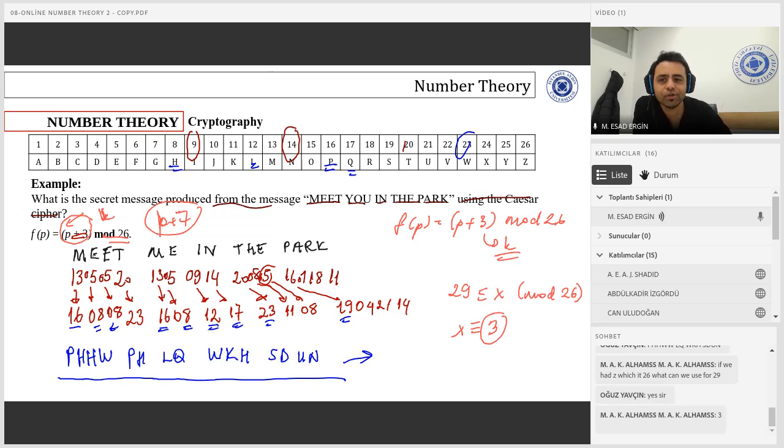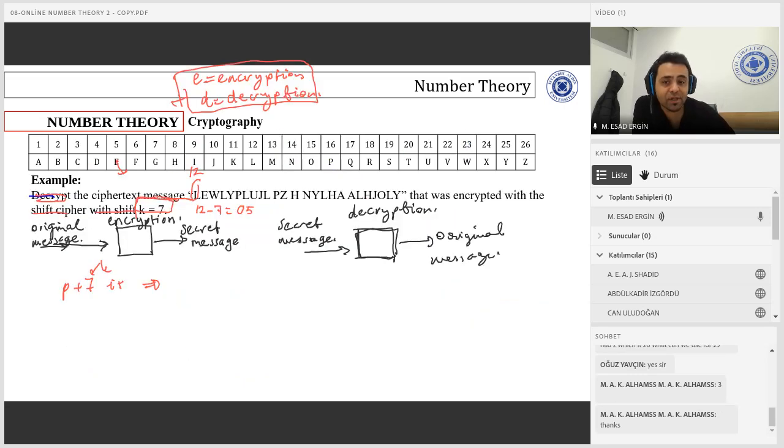So you have to use C instead of the Z in this case. If it is bigger, that's why we use modulo 26, which is the number of letters in our English alphabet, of course. So if the K is 7, we have to use P minus 7 for decryption, because we use P plus 7 for encryption.